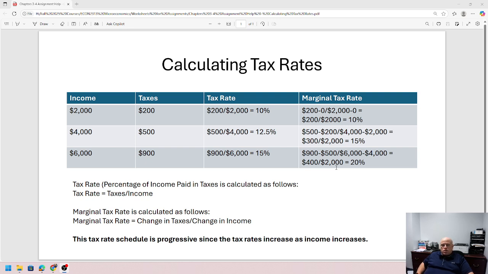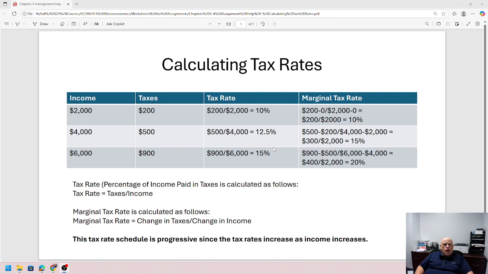So the only thing we need to determine is whether those tax rates are increasing as income increases, which would be a progressive tax, or whether it is decreasing. In this case, it's increasing as income increases. It goes from 10%, then to 12.5%, and then to 15%. So it is a progressive tax system, which means that the higher the income, the higher the tax rate.